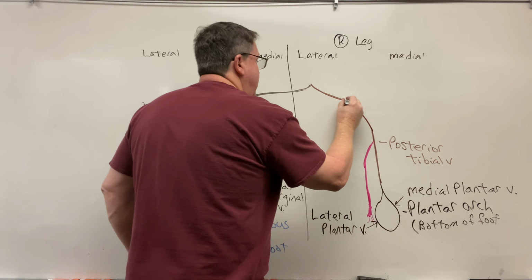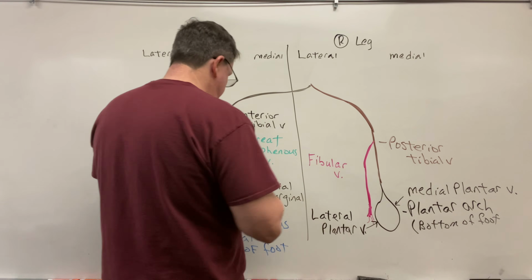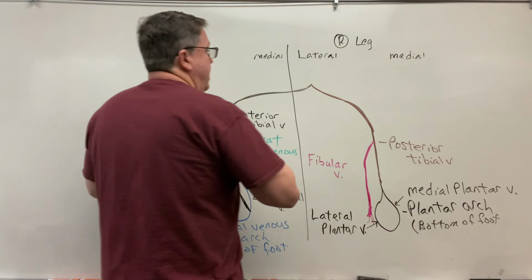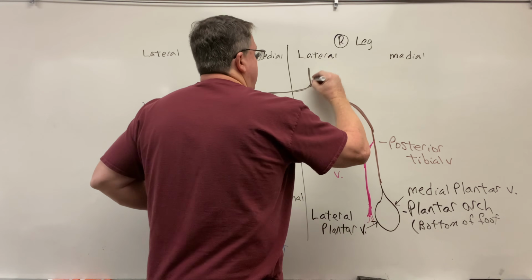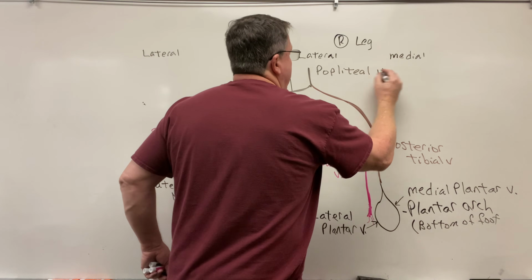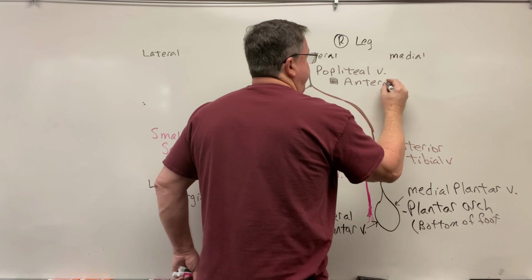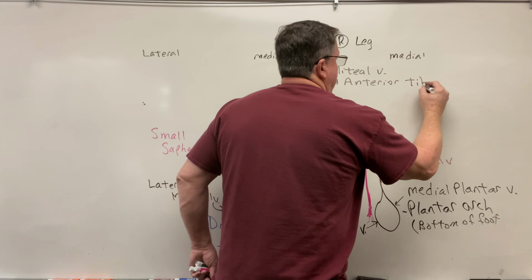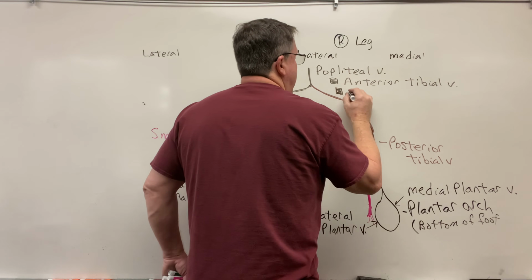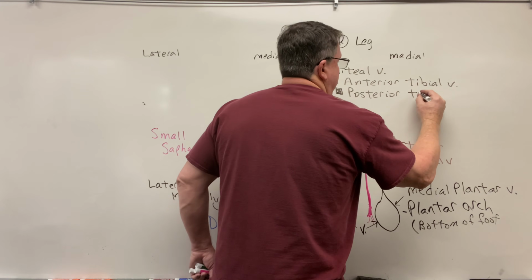And like we said a minute ago, they are going to come together to form my popliteal vein. So my popliteal vein is going to be made up of my anterior tibial vein and my posterior tibial vein.